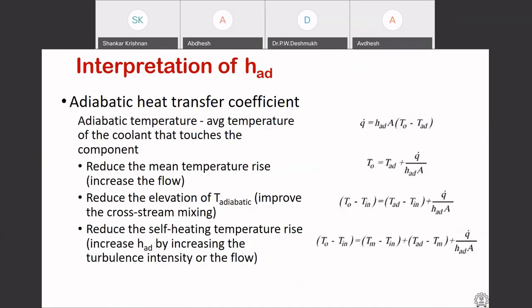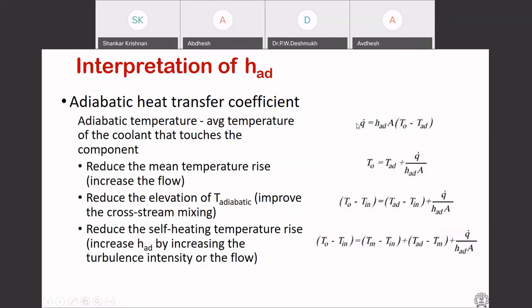We'll just move on. Here is the interpretation of the adiabatic heat transfer coefficient. The heat transfer rate Q is equal to the adiabatic heat transfer coefficient times the surface area times the bracket.